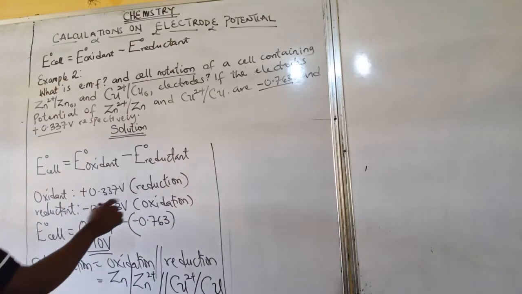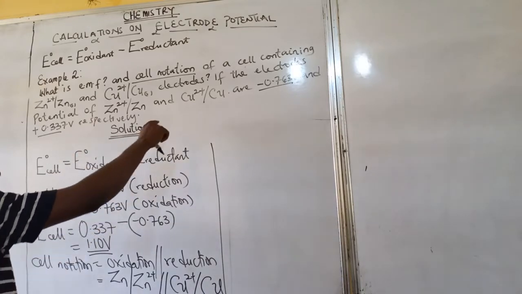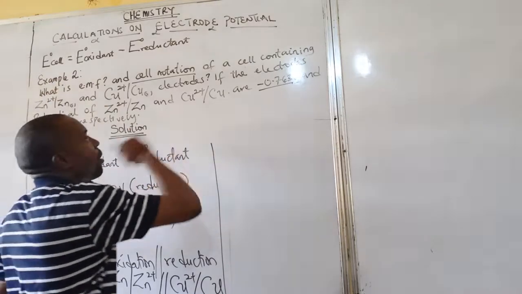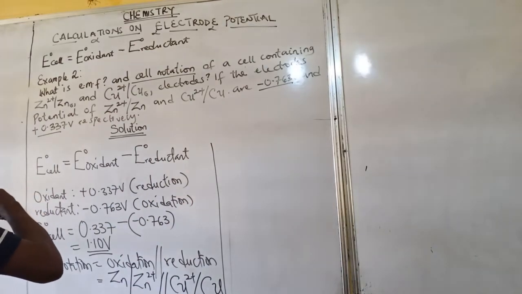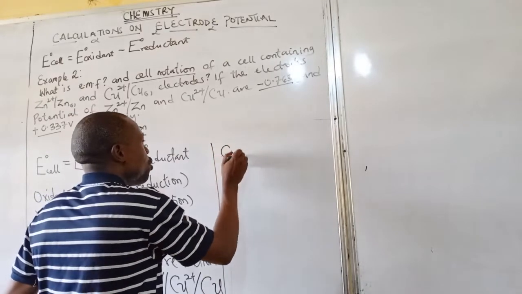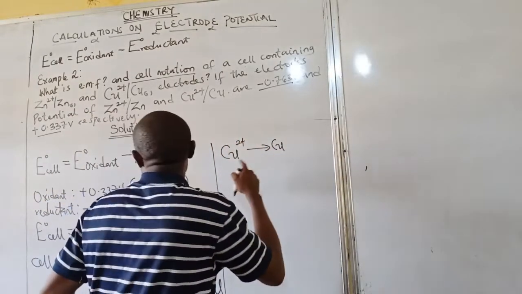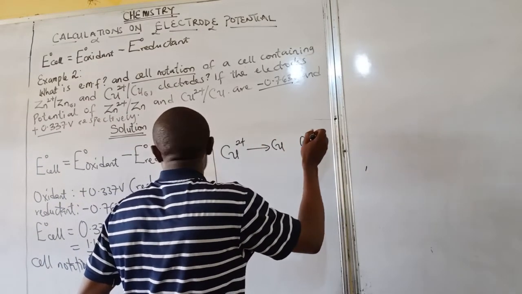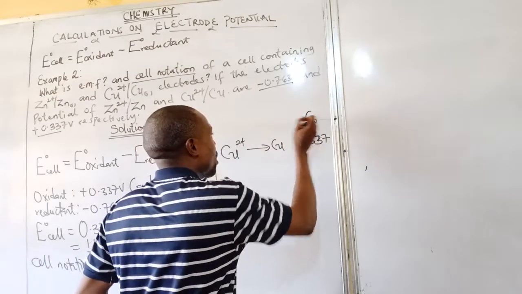So for the reduction, which is that of the copper 2 ion, that as we have here, Cu2 plus will give me copper, and the electrode potential gave me 0.337. This is for the electrode potential.